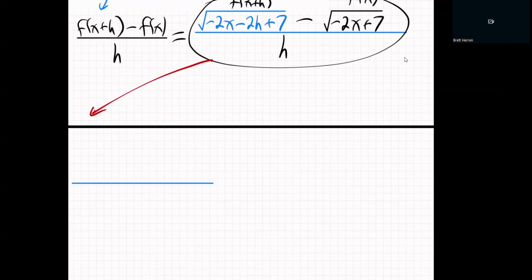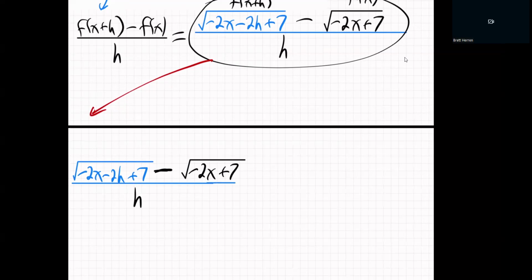I'm going to write, I might be making too much of this. Let's say the square root of minus 2x minus 2h plus 7, minus sign in the middle, the square root of minus 2x plus 7, all over h.